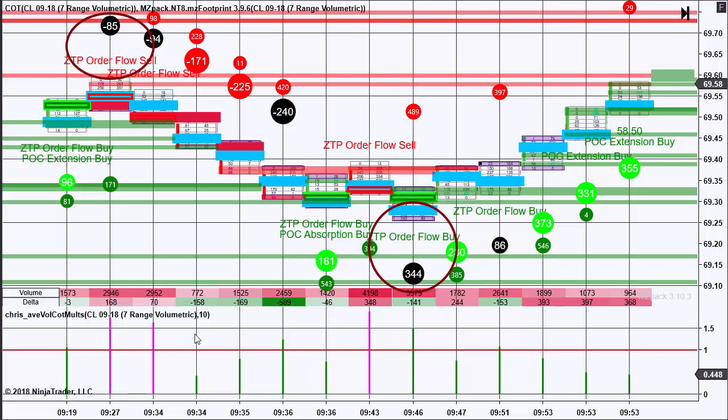So what this tool does is it looks at the last 10 bars and tells you if the current volume is higher or lower. Where you see the red horizontal line, that is the 1 line.